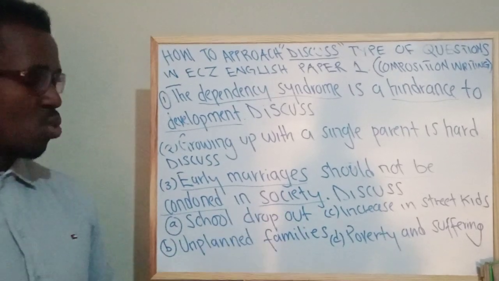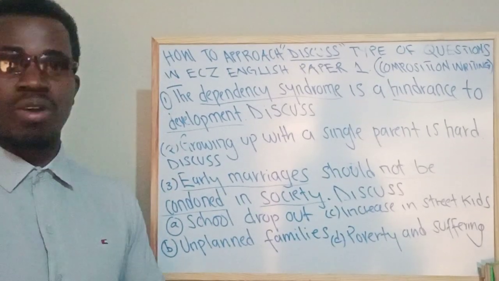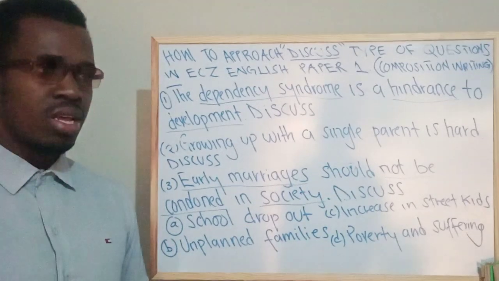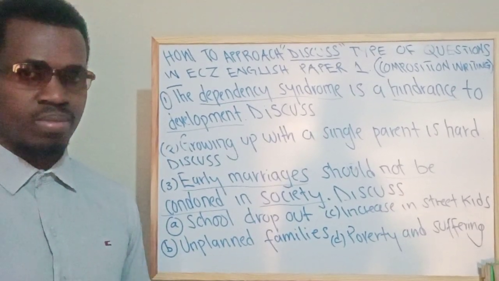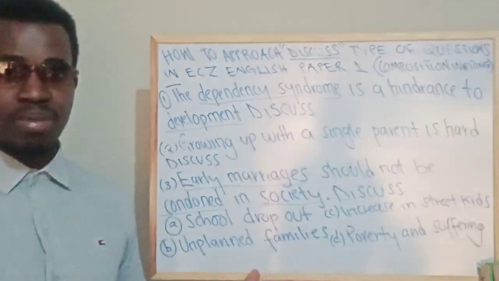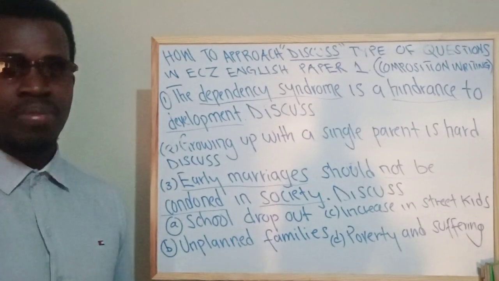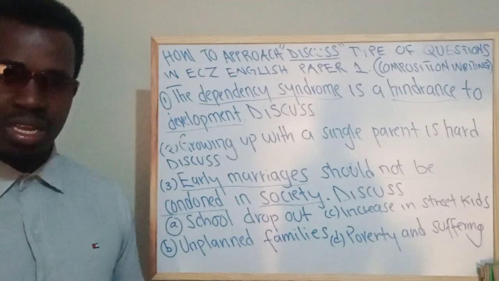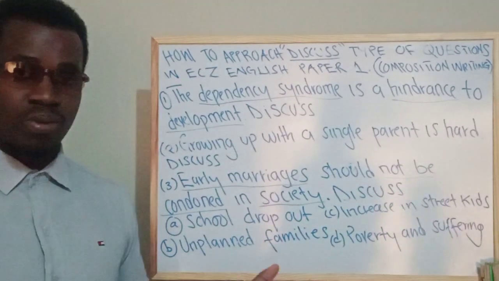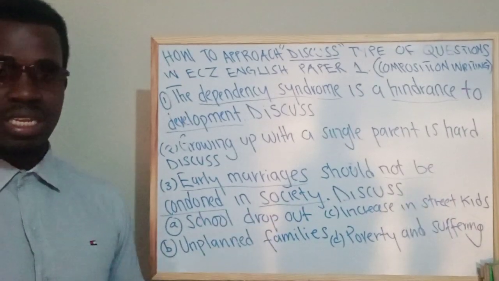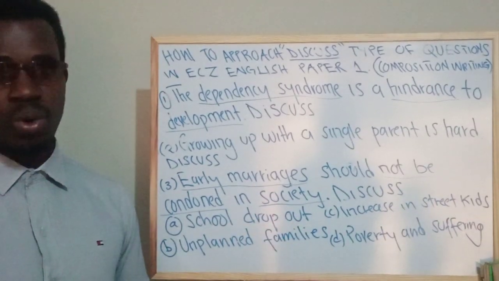So that may lead to increase in street kids, and we have seen how street kids are all over the streets as a result of unplanned families because they're not looked after, they're not provided with basic needs and other ones, and so on and so forth. So we may discuss that in a paragraph on its own.